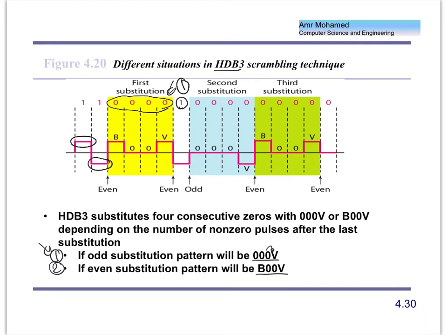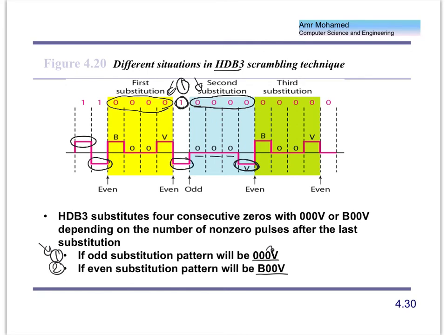So if the number of ones before that substitution is odd, and of course here we have only one, then the substitution will be 0, 0, 0, V. And as you can see, V here is exactly the same as this voltage level.